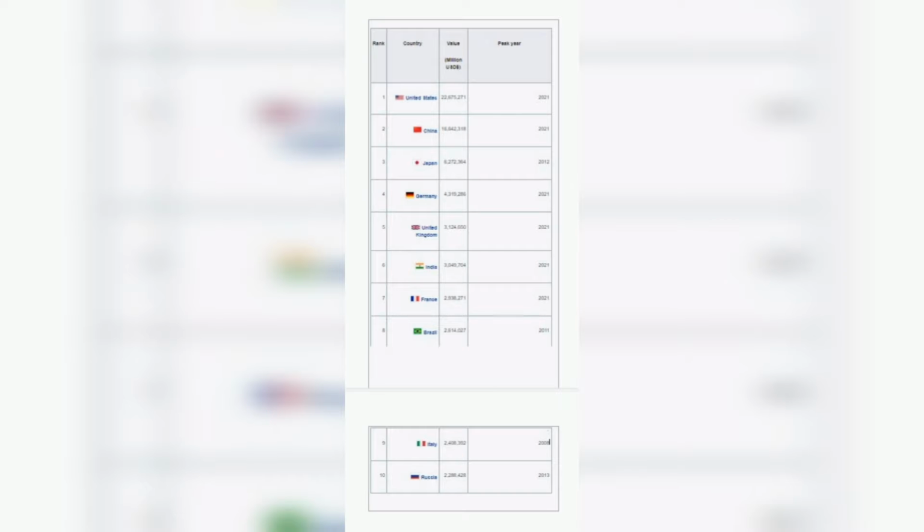That is the list of top 10 countries by nominal GDP. So here you can easily see that United States of America is on top. Considering nominal GDP, United States of America is the richest country in the world. Its net nominal GDP is $22.6 trillion.